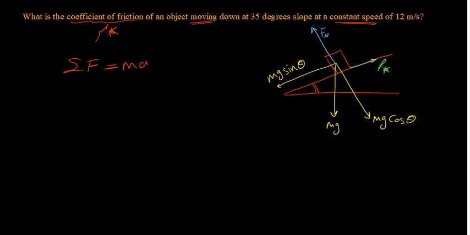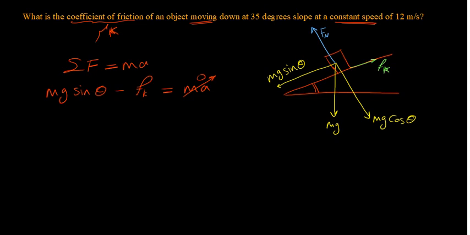Now what forces do we have? mg sine theta, that's the parallel component of the weight, minus the kinetic friction force, equals ma. Now saying constant speed means that there is no acceleration, which means this part is equal to 0.